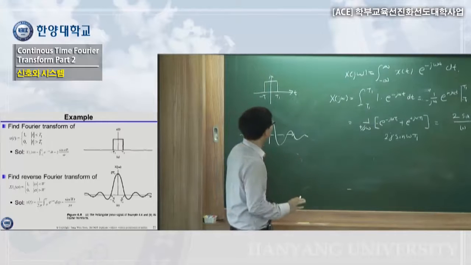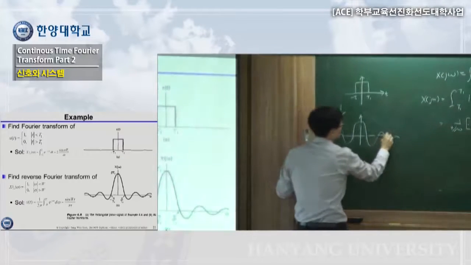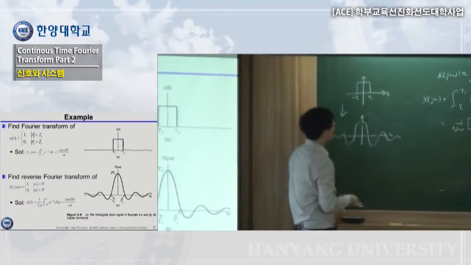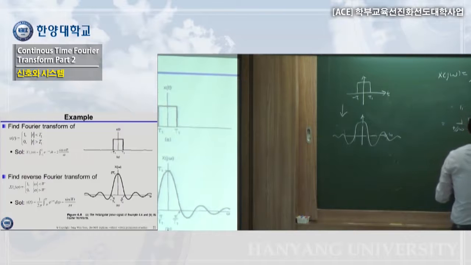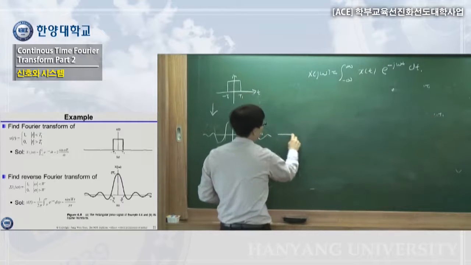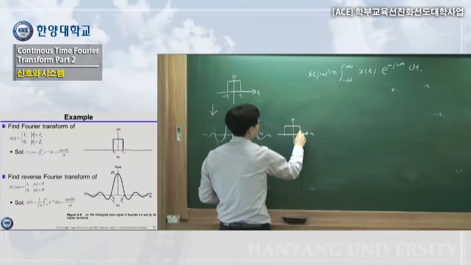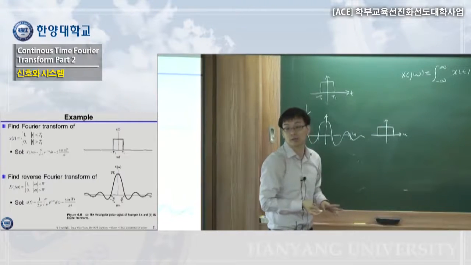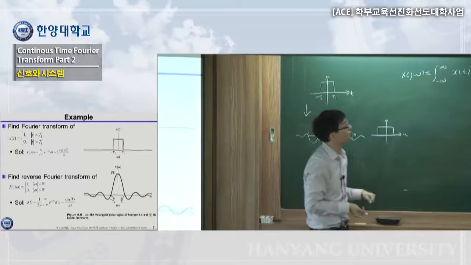All right. So we have this in frequency, by far. So let's do the reverse. Reverse means our frequency is like this, now it is frequency, not time. What happened to the time?